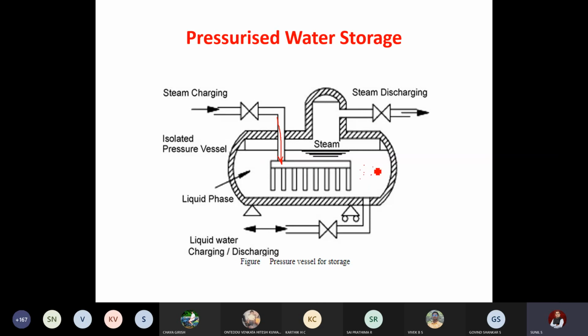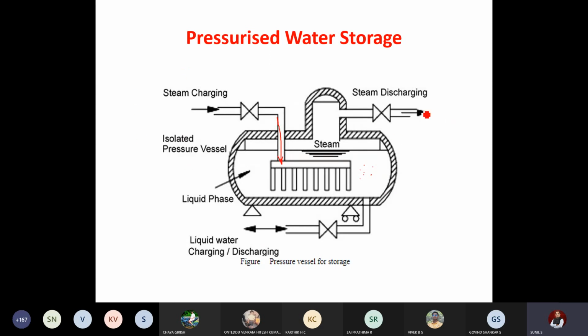You keep on pumping so that pressure increases and it is stored in the form of liquid. Whenever you want to use it, you just open the valve, pressure is rapidly released, so that the water particles get converted to steam, and that can be used in a turbine for power generation. I have taken this as a simple example to demonstrate latent heat storage.